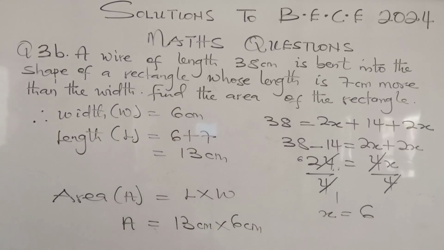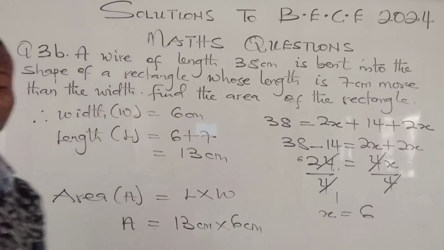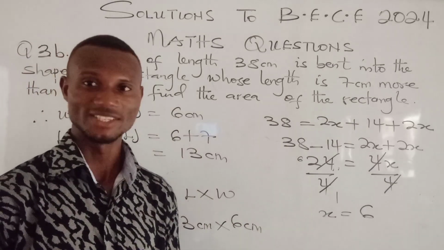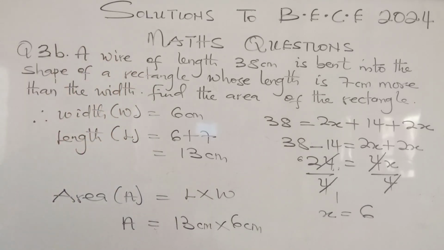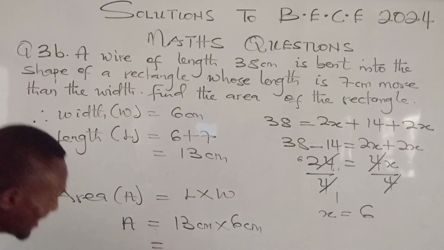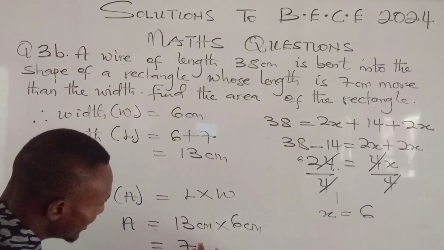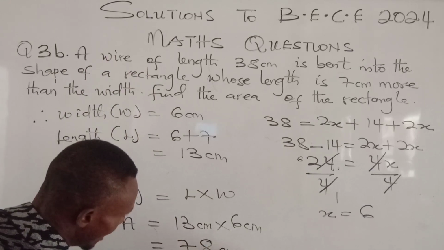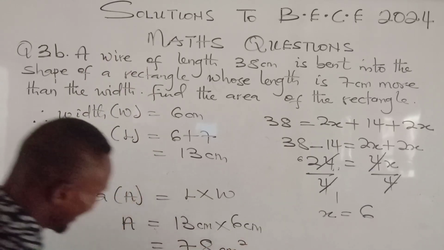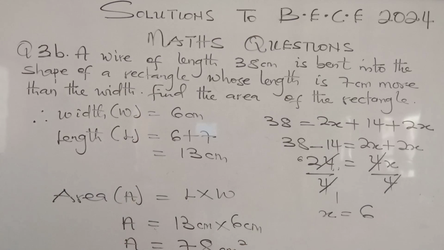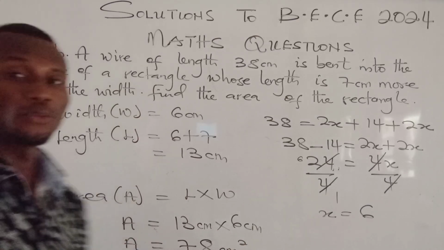I hope you understand and you agree with me up to this point. Okay, so now let's do the multiplication. So my 13 times 6 is going to give me 78. So I'm going to have 78 centimeters square. Okay, so that is my area of the rectangle.